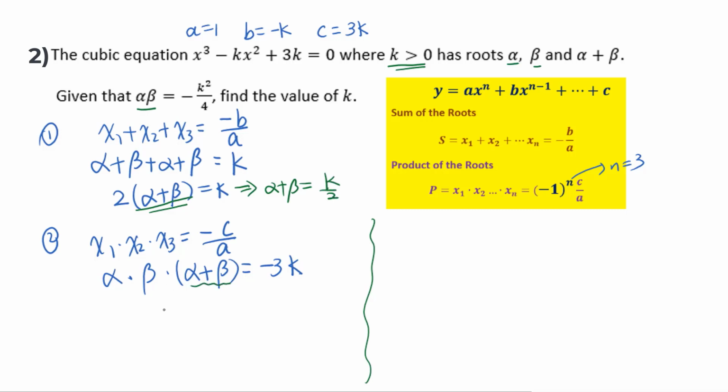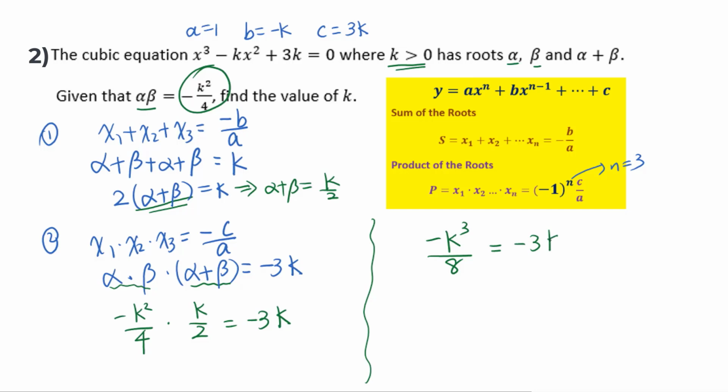Then we plug in here. For alpha times beta, it is given here: negative k squared over 4 times k over 2 equals negative 3k. Then we have negative k to the third power over 8 equals negative 3k.